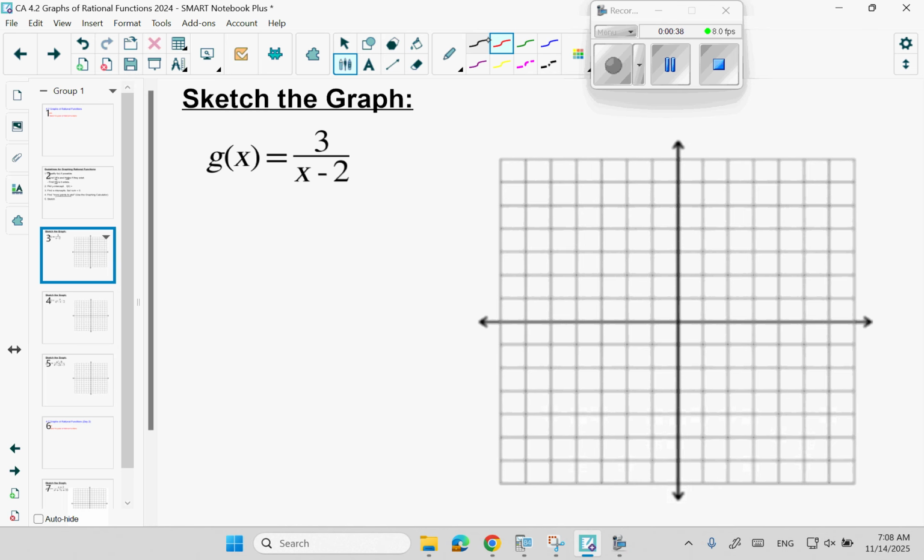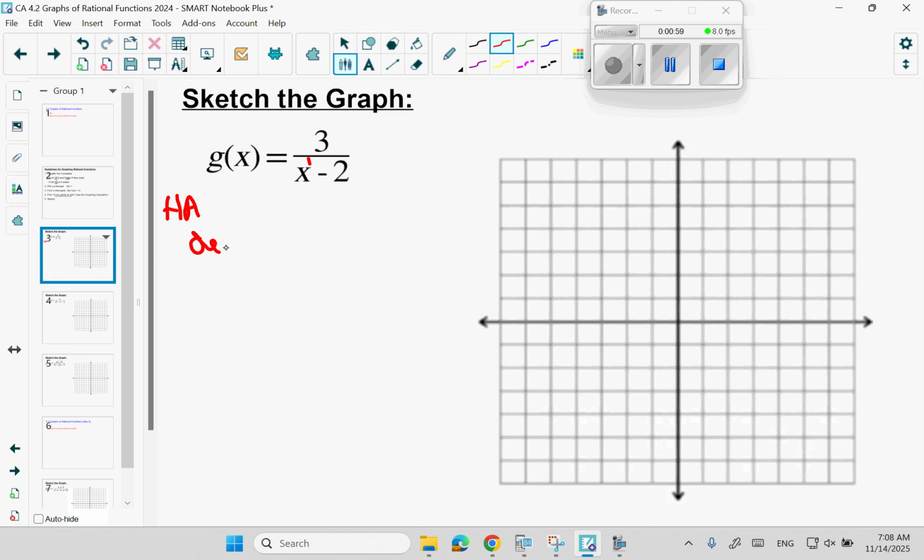First, we should look, do I have any horizontal asymptotes? Remember, horizontal asymptotes are dictated on the degree, and more specifically comparing the degree of the numerator and the denominator. Well, my numerator doesn't have an x, so it would have a degree of 0, but my denominator has an x with a degree of 1.